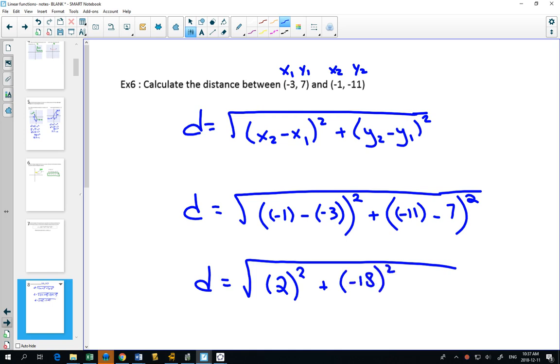So order of operations, do your brackets first, then square. 2 squared is 4 plus, what's negative 18 squared?